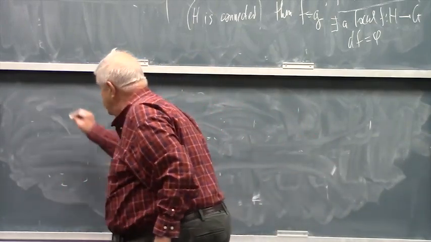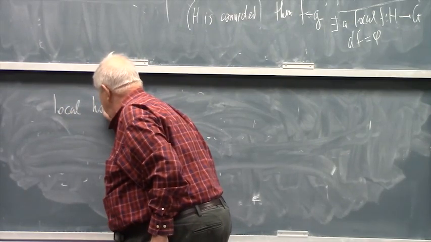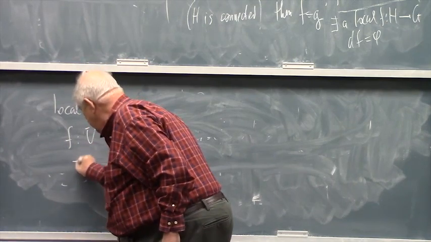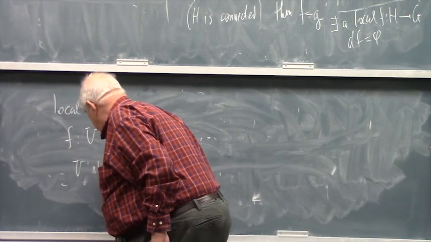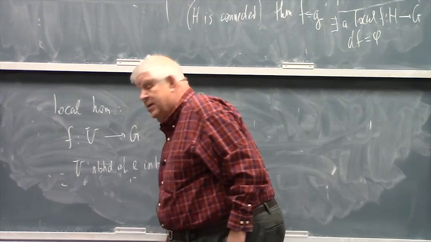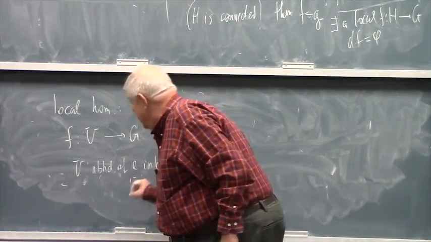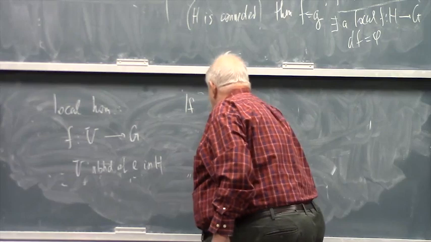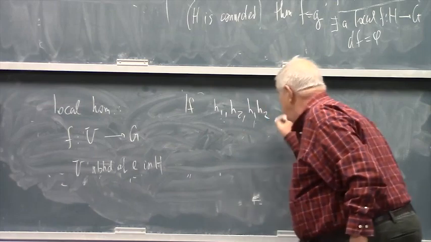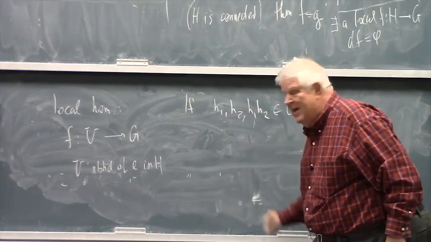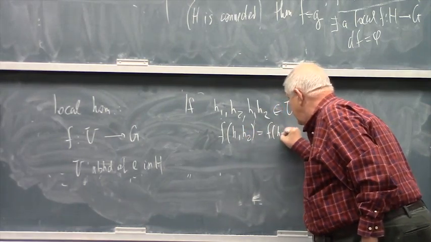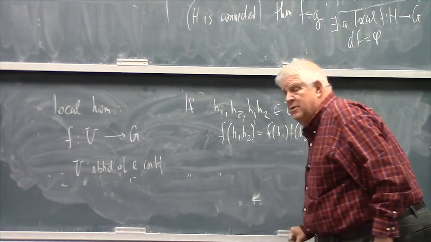It is a map of U, where U is a neighborhood of E in H, into G, such that if H1, H2, and H1H2 all belong to U, then f of H1H2 is equal to f of H1 times f of H2.